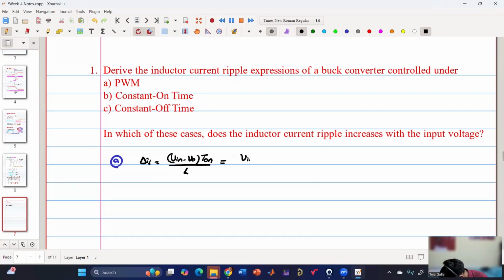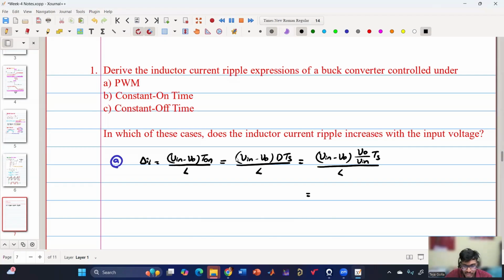So (V in minus V naught) into d Ts by L. And duty ratio is what? V naught by V in. So (V in minus V naught) into V naught by V in into time period by L.